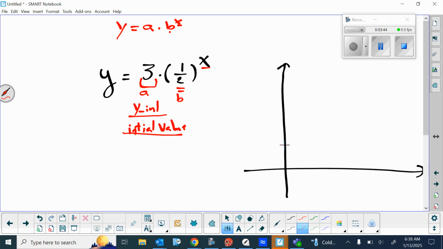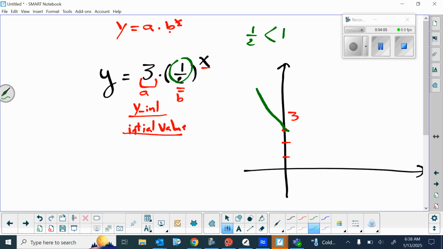In the graph, the y-intercept. So in this case, the y-intercept will be 3. 1, 2, and 3. So this is a 3. Now look at your b, the rate. b is one half, and one half is less than 1. Since one half is less than 1, this is a decay.